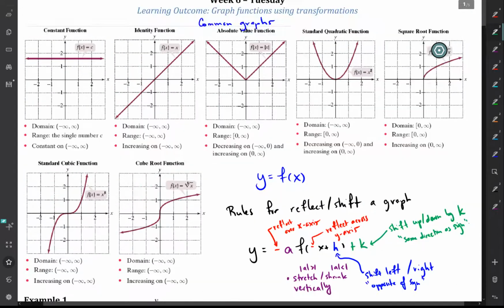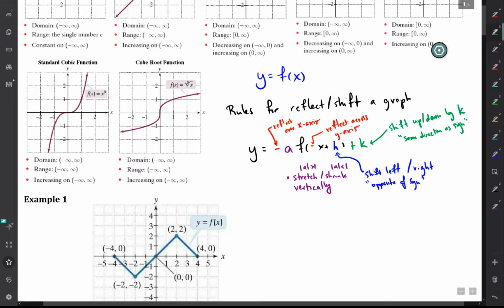And so maybe I'll just do one example here. Let's say you start with the common graph y equals x squared, which looks something like that. And let's say that you want to transform that to be y equals x squared plus 3.